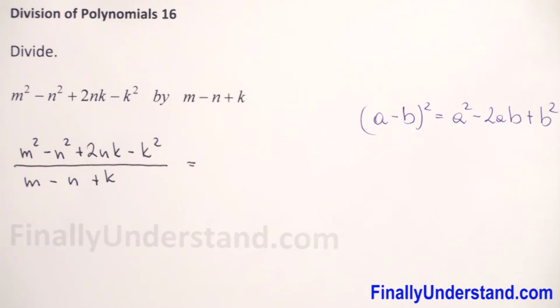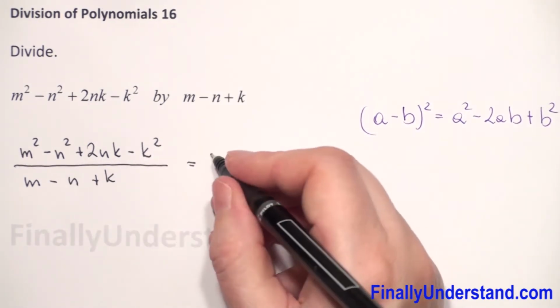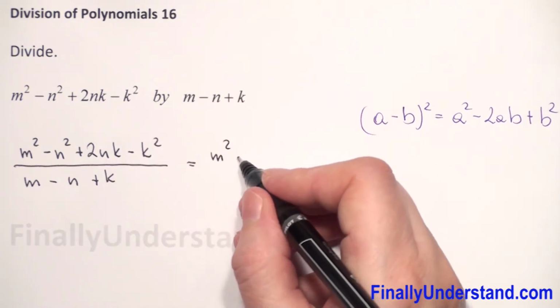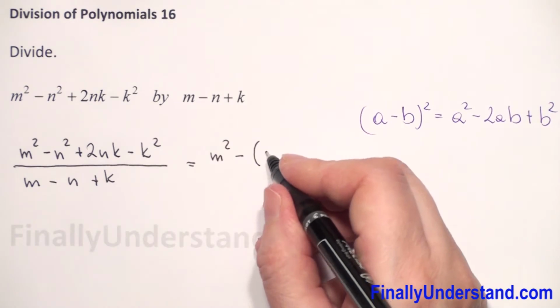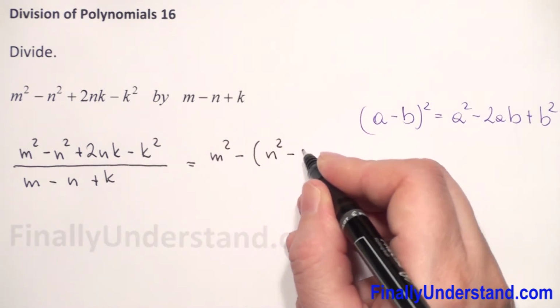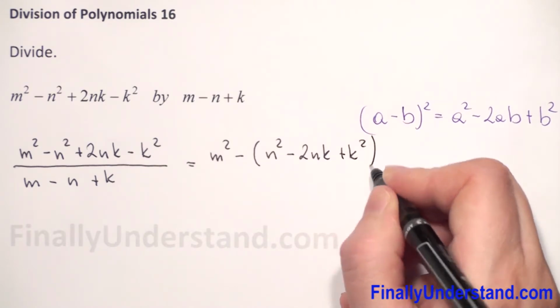And when I take the negative sign from these last three terms, m squared I will copy, and I will factor out the negative sign, so it will be n squared, now negative 2nk and positive k squared.